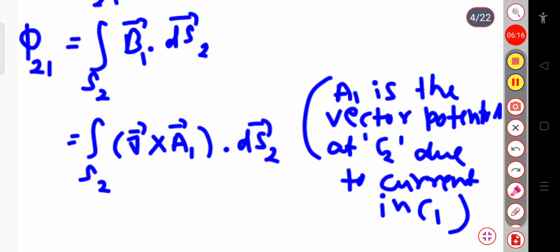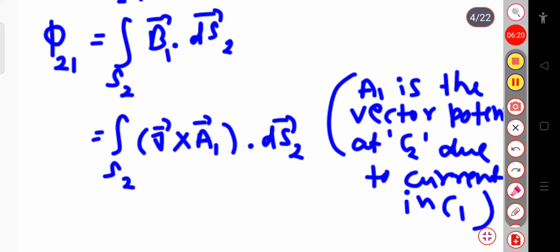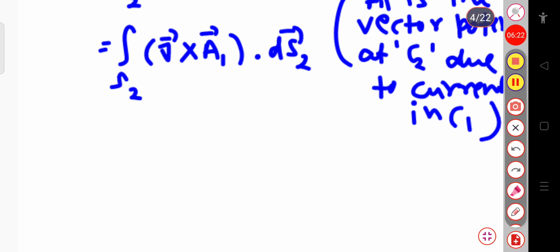Here B equals del cross A. According to Stokes theorem, we can convert the surface integral to a line integral, so this will be the integral over the coil C2 of A1 dot dl2.